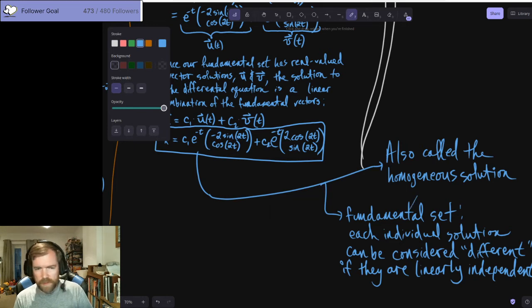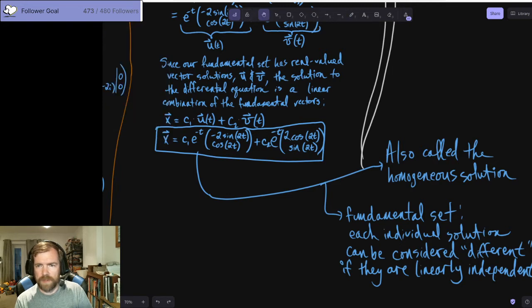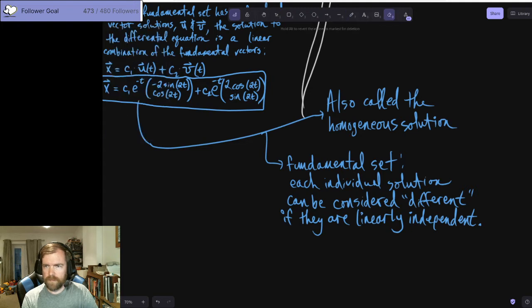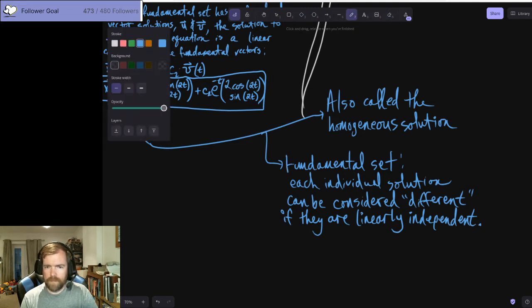Right, and they're also considered linearly independent if what? So what does that actually mean? So the linear independence means that formally we say c1 v1 plus c2 v2, as many vectors as you have, equals 0 only for what we call the trivial solution, where c1, c2, and all the constants are all 0.